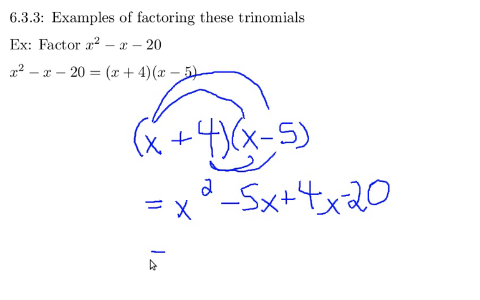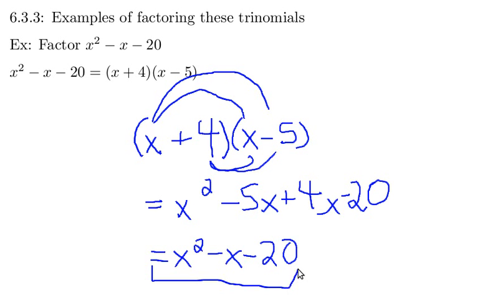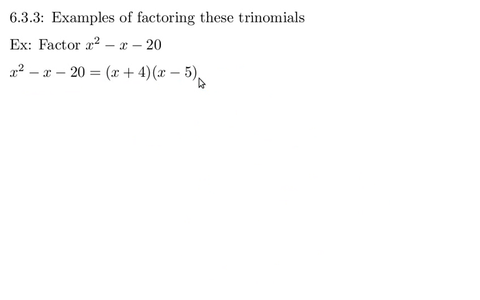Combine like terms, we'll get x squared minus x minus 20. And that equals the problem we were originally given. So that means we've checked it. It works. Okay, so that means that x plus 4 times x minus 5 is the final answer.